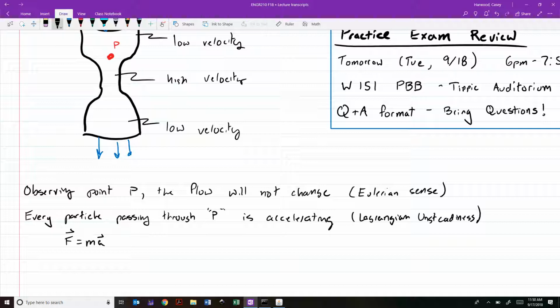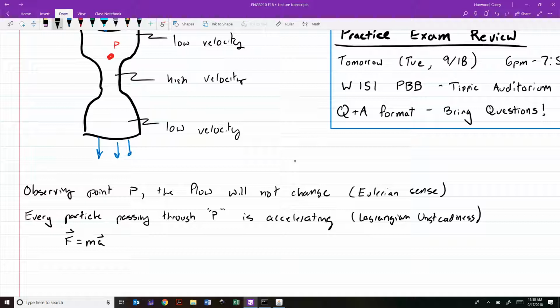And the answer is that we want to be able to write this A term, this acceleration term, as a field as well. In other words, we want to write the Lagrangian acceleration using an Eulerian representation. There's a lot of back and forth, but it makes things a lot easier mathematically.